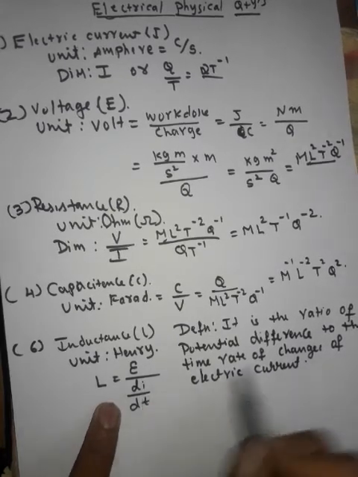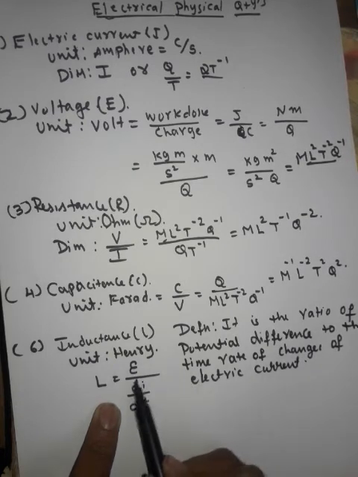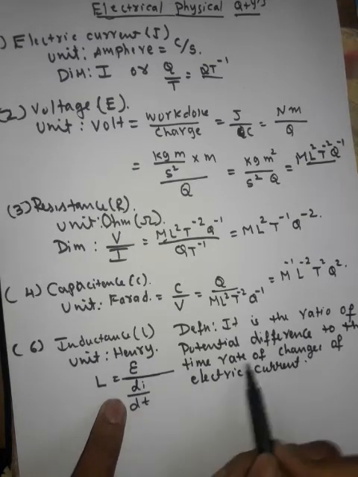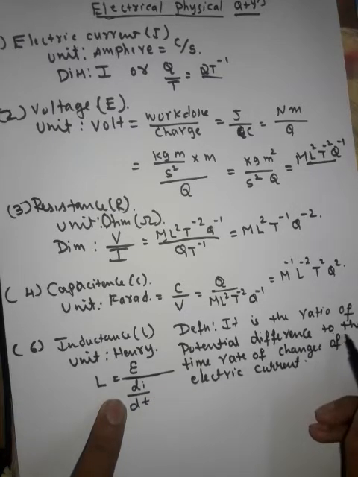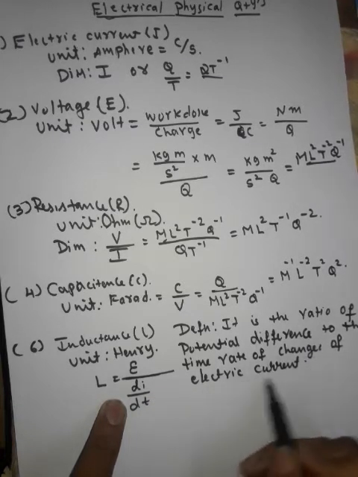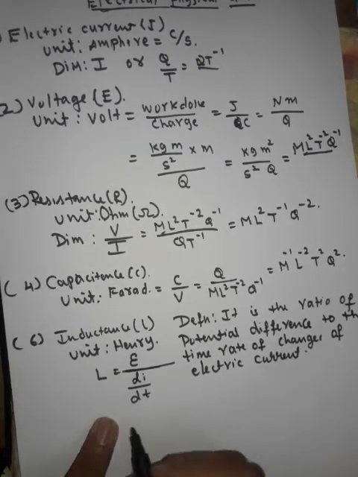Here it is the ratio of potential difference to the time rate of change of current with respect to time, which is given in the definition. Okay, now how to derive its formula?